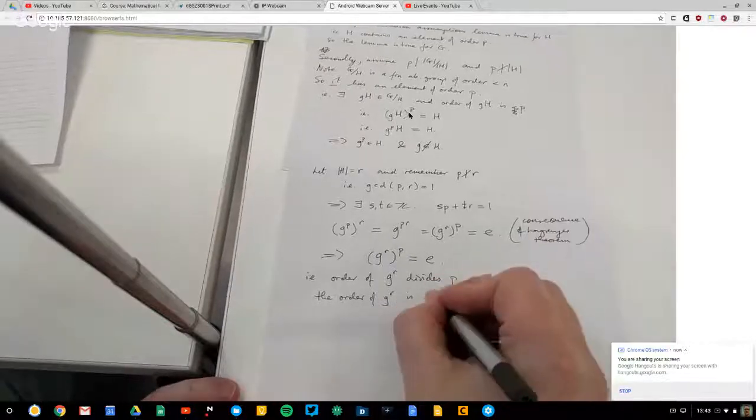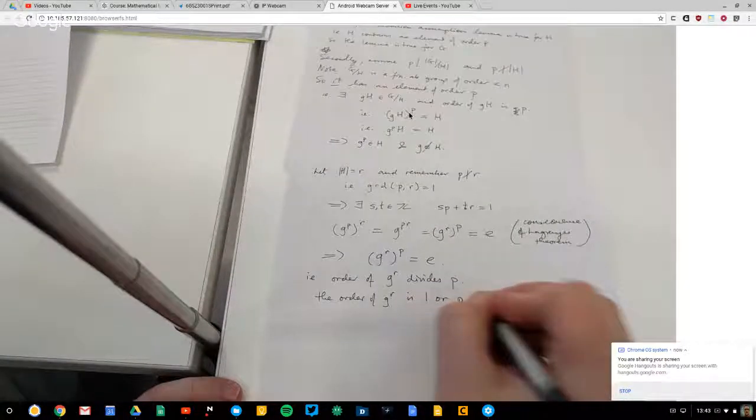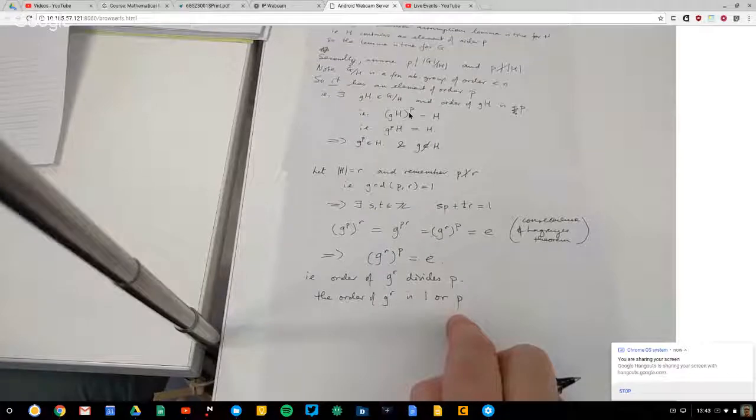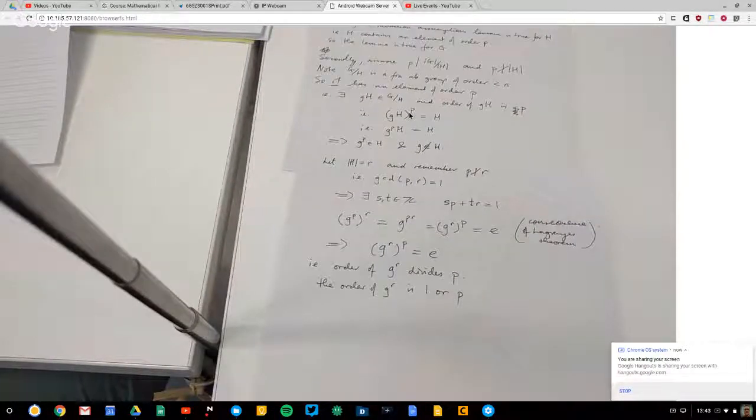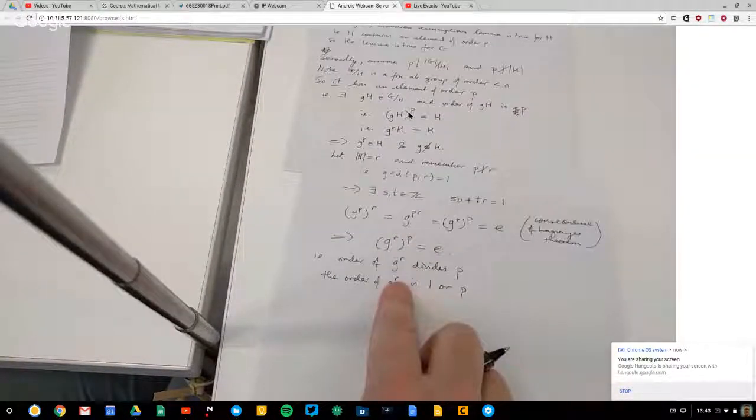If we know it's P, then finally we'll have proved the lemma. Remember, the lemma says the group has an element of order P, so that's what we're gunning for.